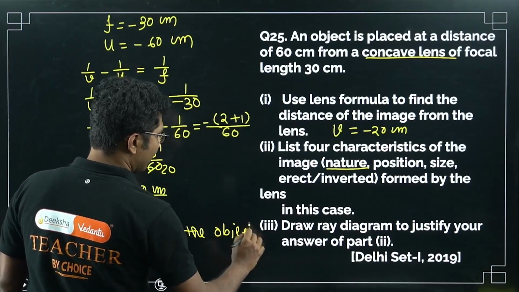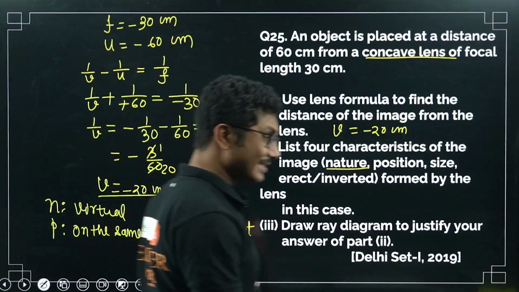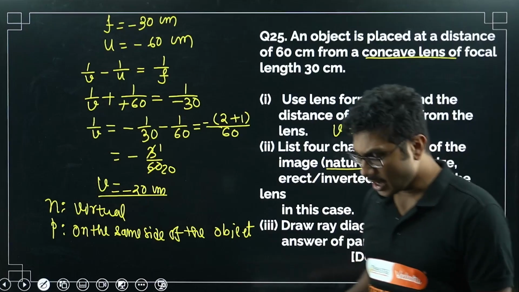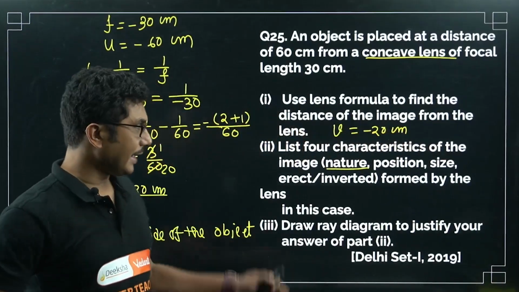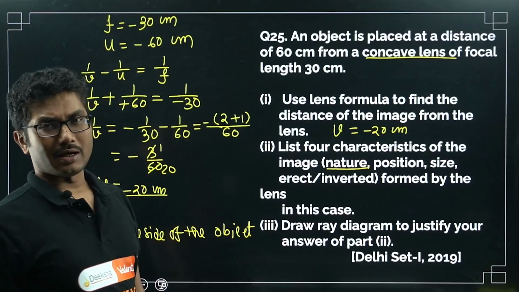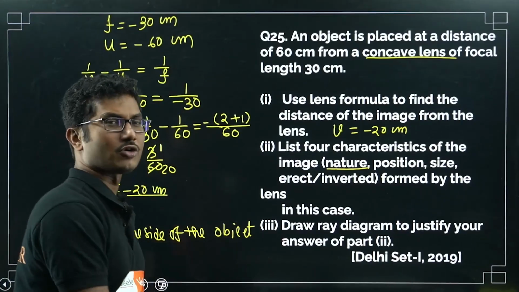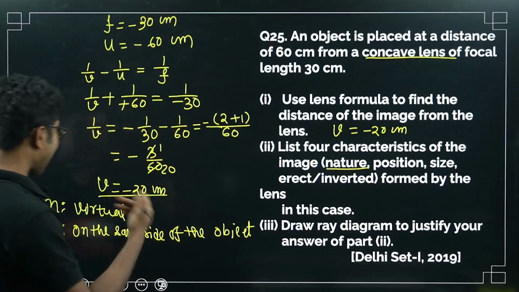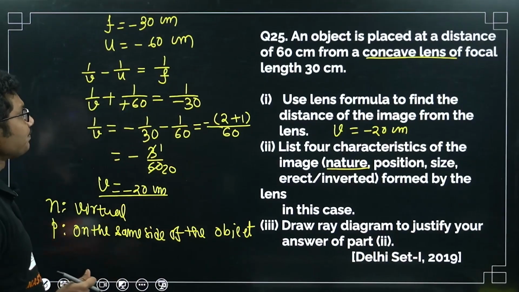If they ask you to find the characteristics, you cannot simply write the value of the position. The value of the position question is already done in part A. Here you have to mention which side of the mirror: on the same side as the object, on the opposite side, or behind the mirror. So you have to mention that in this case.